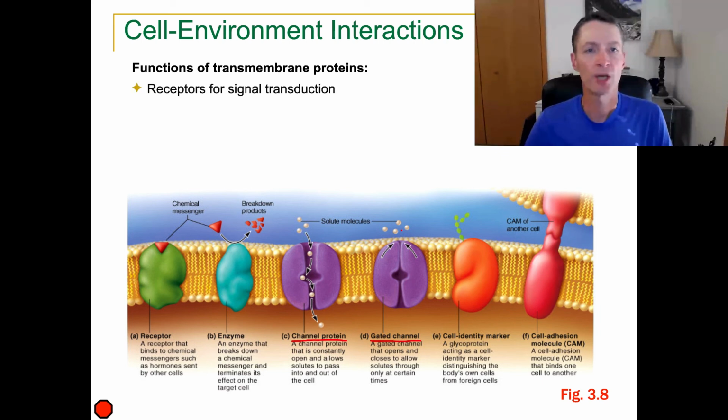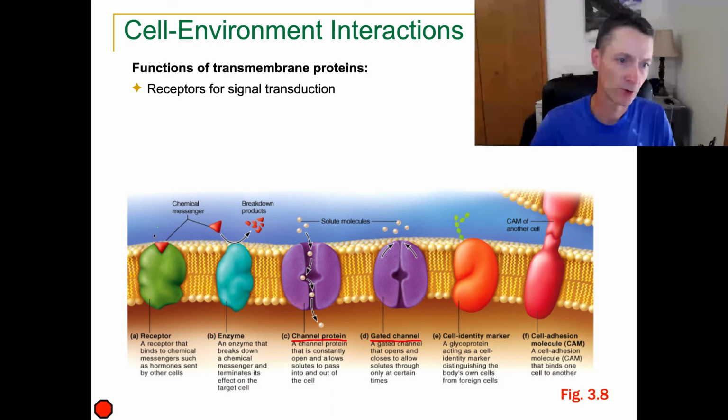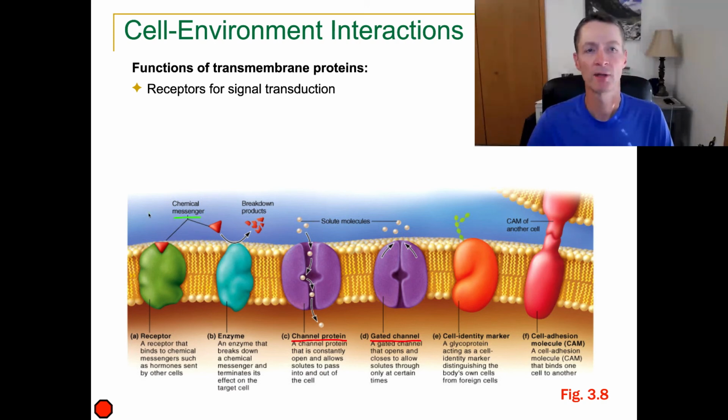Some act as receptors, okay? So think about this, this one way over here, this green one, where we might have a chemical messenger. So let's put it in perspective. Let's say insulin goes out there in the bloodstream. It's going to signal cells to bring glucose in, right?